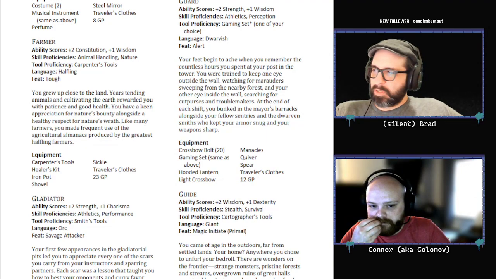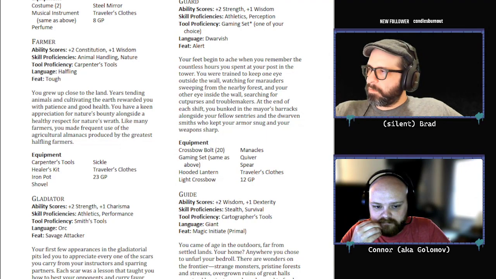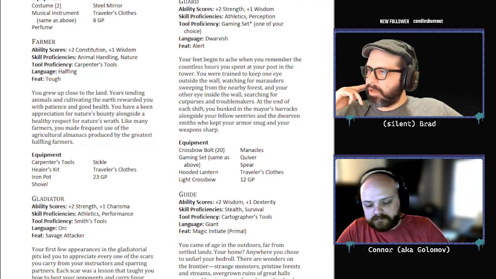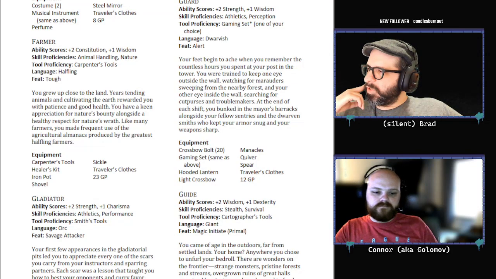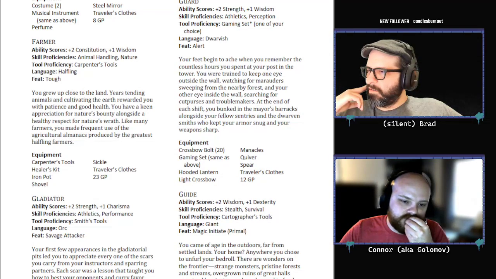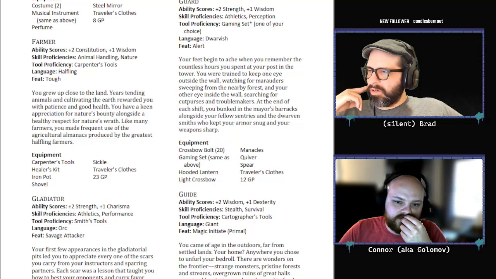Athletics and performance make sense. The difference here is it was acrobatics in the base one, and for some reason you got a musical instrument and a disguise kit for Gladiator. Smith's tools also doesn't quite make sense for Gladiator, but I can kind of see it. You're fixing your own stuff.